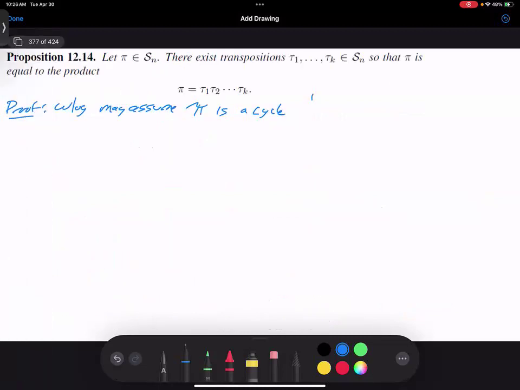And without loss of generality, I might as well assume my cycle sends 1, 2, through n to 2, 3, 4, ... and 1. I can renumber things so that 1 goes to 2, 2 goes to 3, if I have a cycle. So I'm going to prove it by the method of divine inspiration.